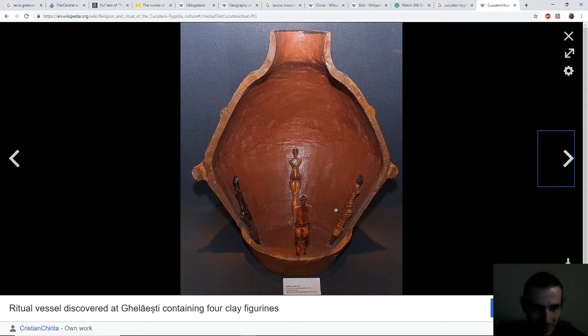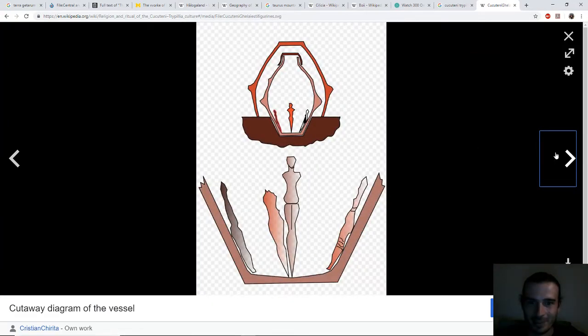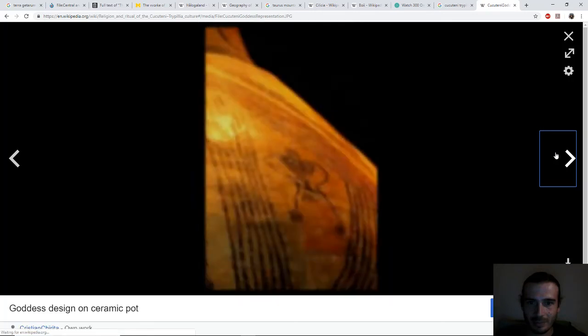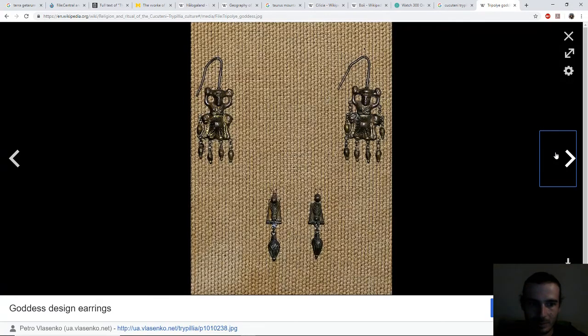Look at that. Look at this. Ritual vessel discovered at Gela Ish containing four clay figurines. So tall peoples, skinny. Where are the arms at? Do these people not have arms? Goddess design earrings. Oh, she's holding the arms up.